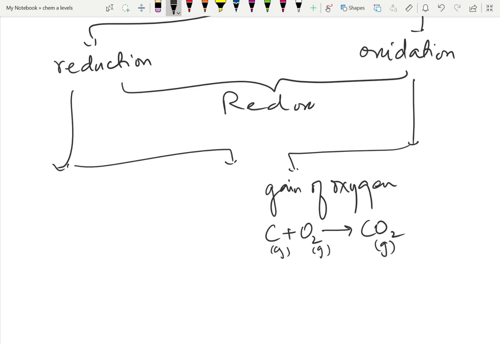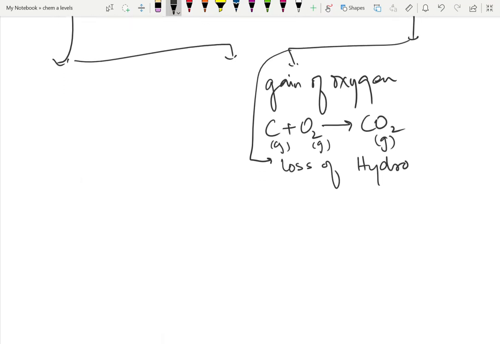This is an oxidation reaction. Now let's talk about another definition of oxidation, that is loss of hydrogen.